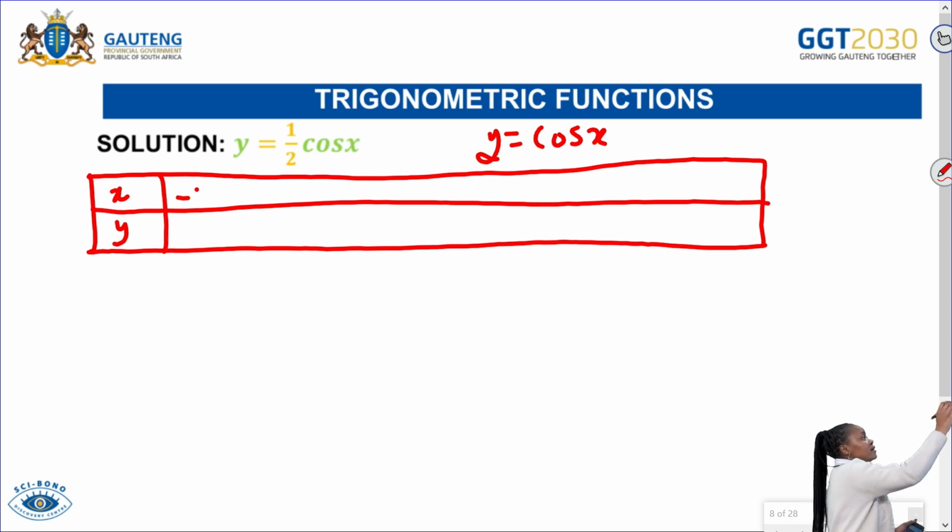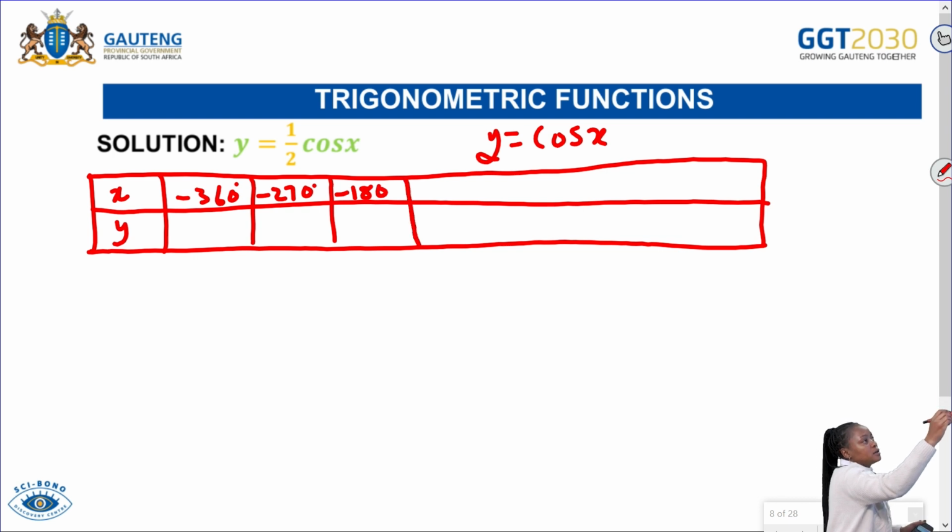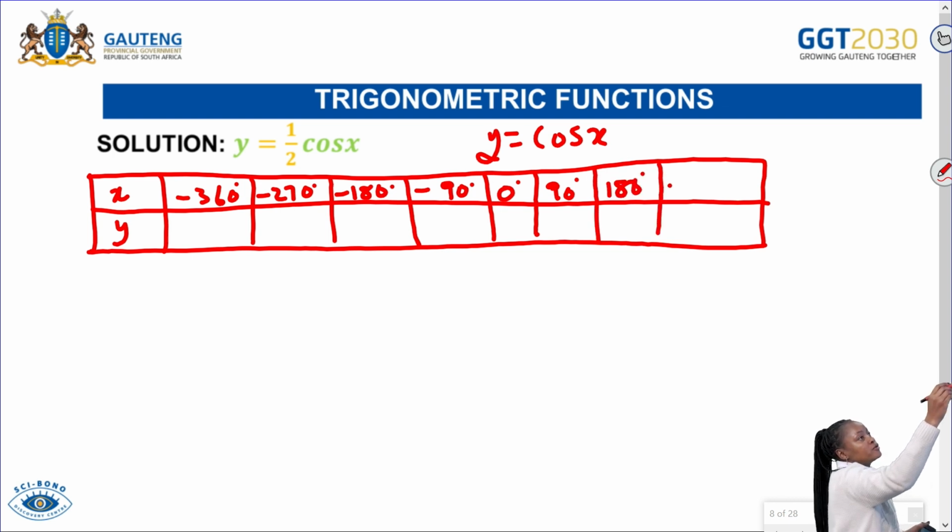So the intervals, I'll still have -360 degrees, -270, -180, -90, 0 degrees, 90 degrees, 180 degrees, 270 degrees, and 360 degrees.